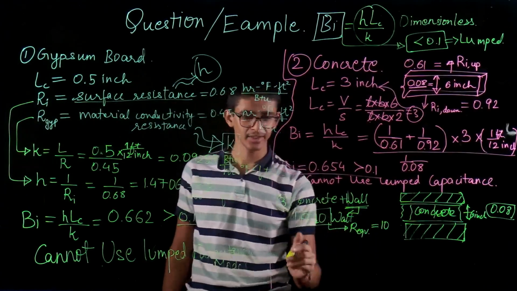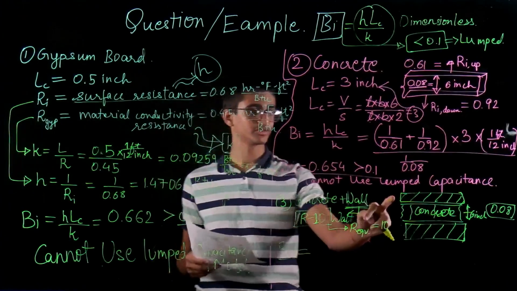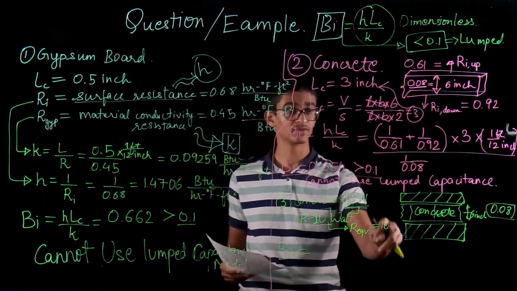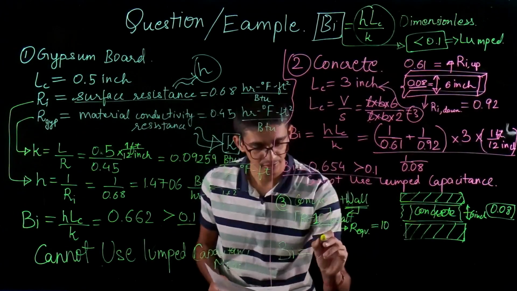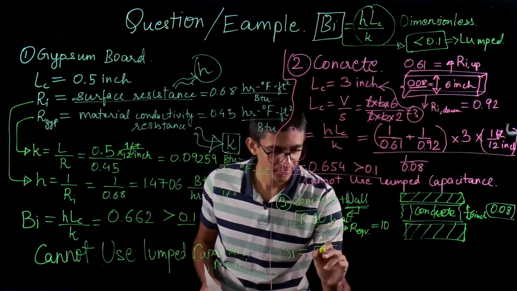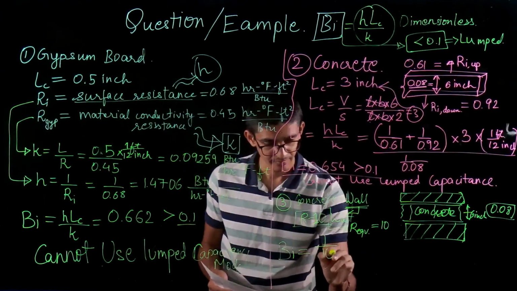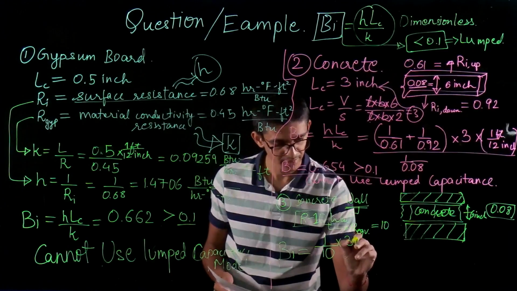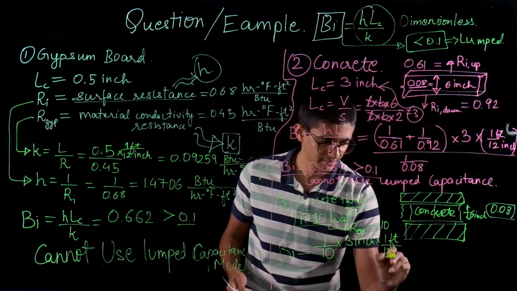So R10 wall means that, and hence my Biot number: from both sides my wall is going to have heat transfer. So my H value becomes 1 upon 10 into 3 inch into 1 feet by 12 inch.